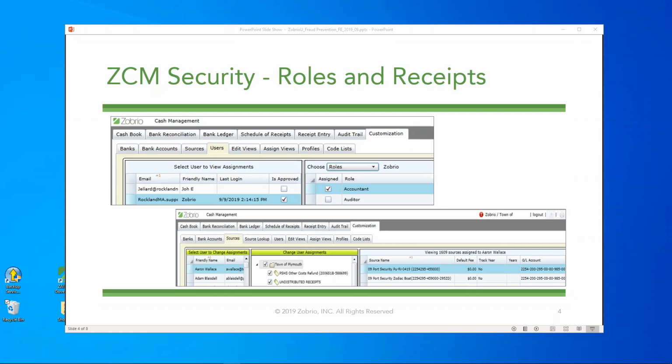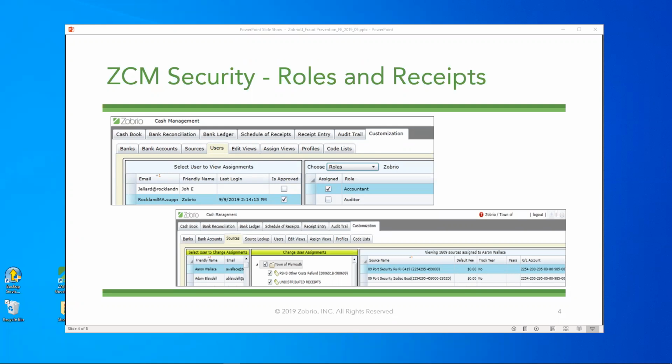Now, what ends up happening with the cash management system is we have what we call our audit trail that we work closely with some of our external auditors on, to say, what are you looking for? What are the keys to fraud detection? And some of them could be as simple as a user enters a transaction, prints a receipt to hand to the payer, and then lo and behold, that receipt gets deleted and the money disappears.